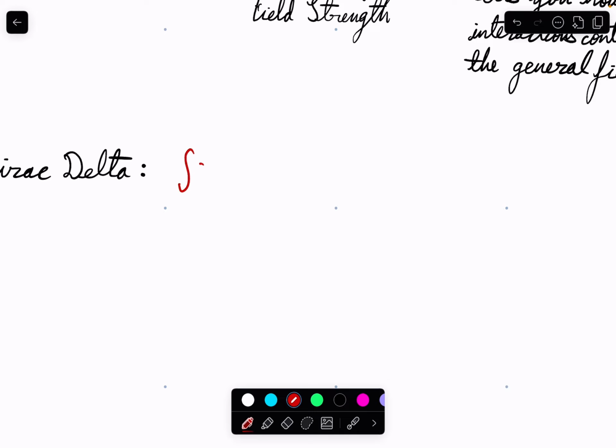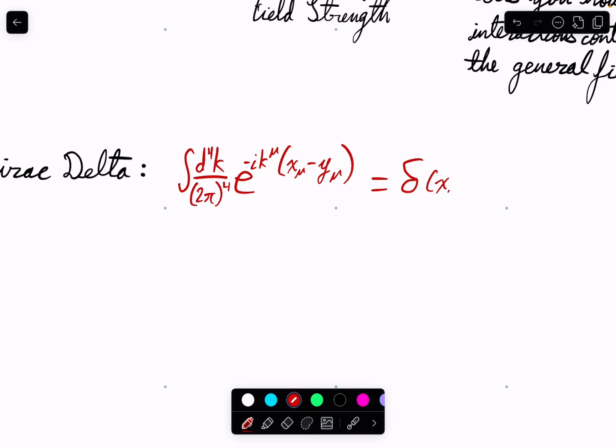And it is that the integral over k, which, if you recall, is the wave vector, or basically represents momentum, d^4k over 2 pi to the fourth of e to the minus i k superscript mu, and then x mu minus y mu, is equal to the Dirac delta, x mu minus y mu.